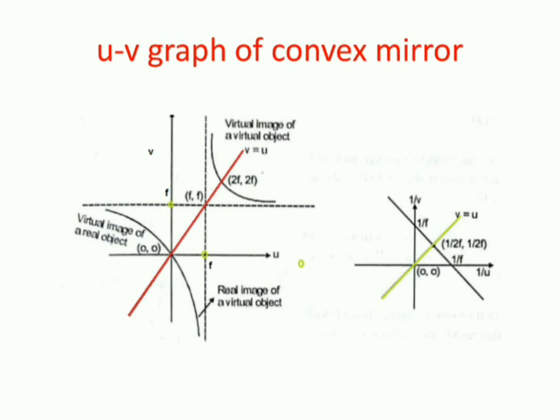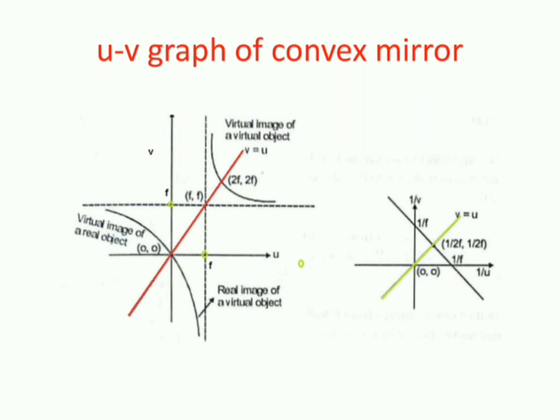So using that, if you plot a graph between U and V for a convex mirror, look at the two graphs for real objects and virtual objects. If object is real, then the nature of graph, okay, virtual image of a virtual object, real image of a virtual object.